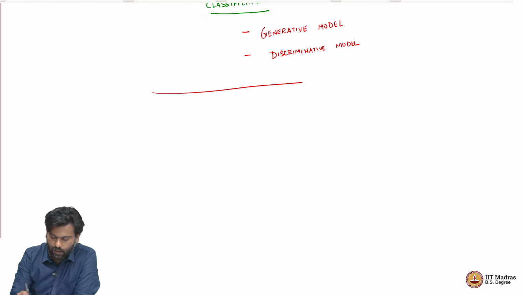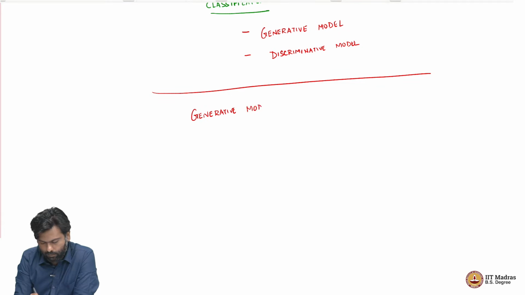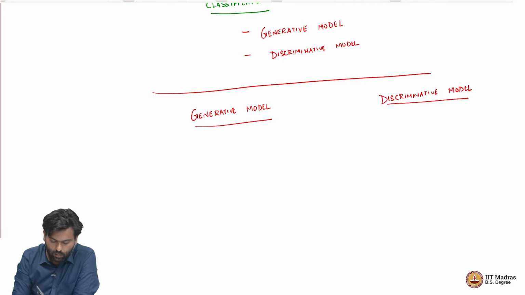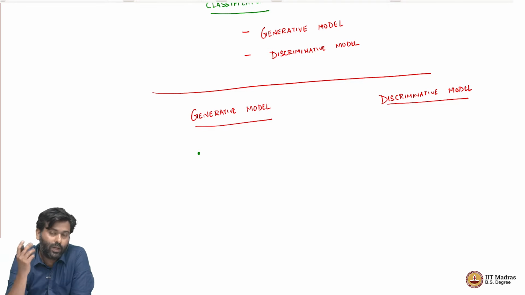So, here is the key difference between generative model and discriminative model. You have a distribution over x and y. What does that even mean?